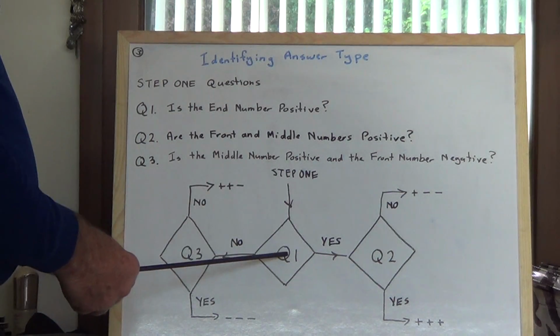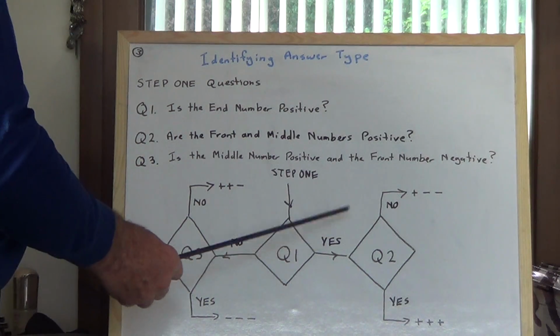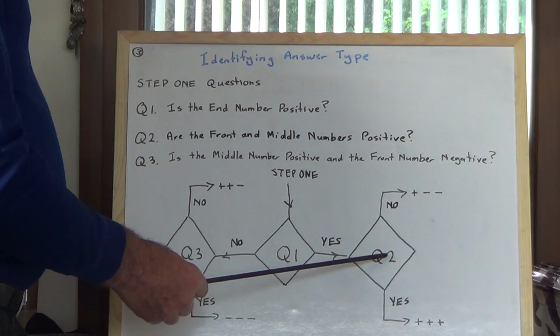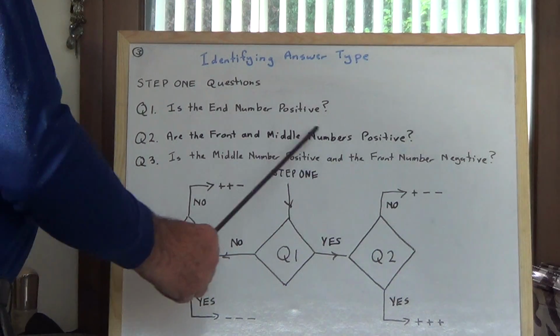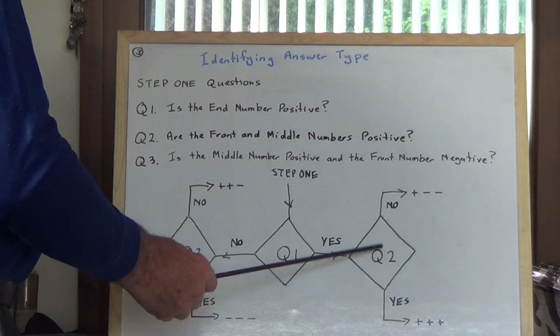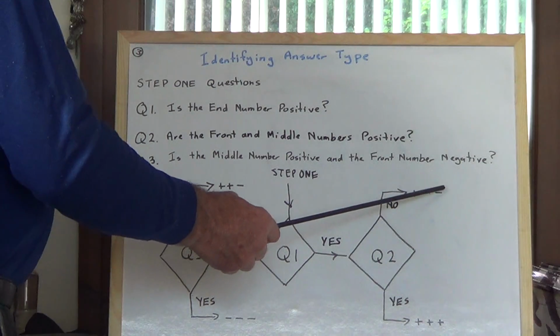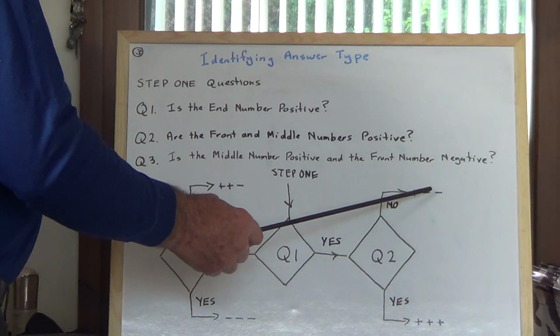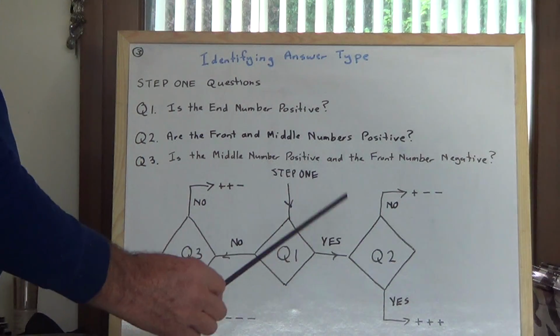So you come down here and say, is the n number positive? And you go yes. If it's yes, then you look and ask question 2, are the front and middle numbers positive? If that's a yes, it's both positive, then the possibility is that you've got 3 positives there. Over here, the other possibility is 2 negatives.